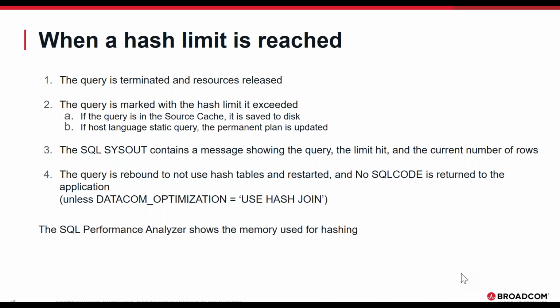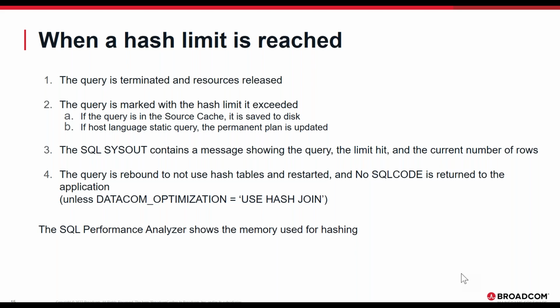Now, if you did use the Datacom optimization parm to force hashing, then that restart does not happen, because we took the decision that if you wanted that, the option of not using hashing would be so slow you just didn't even want to try it. So that does override the restart feature. You can use the SQL Performance Analyzer.